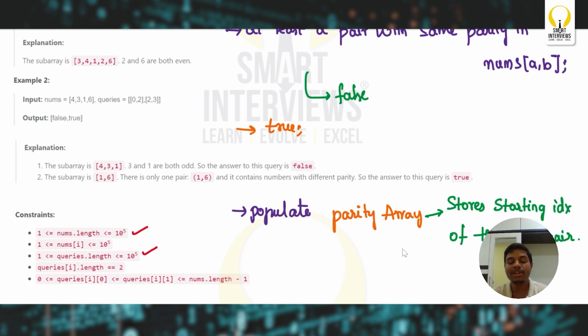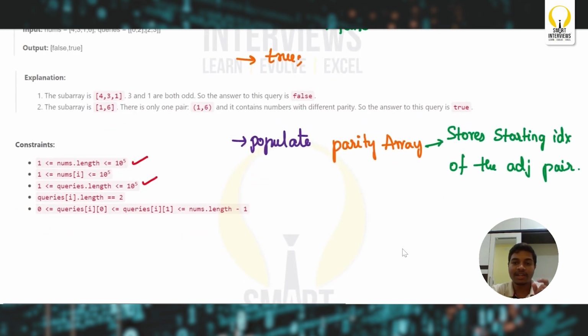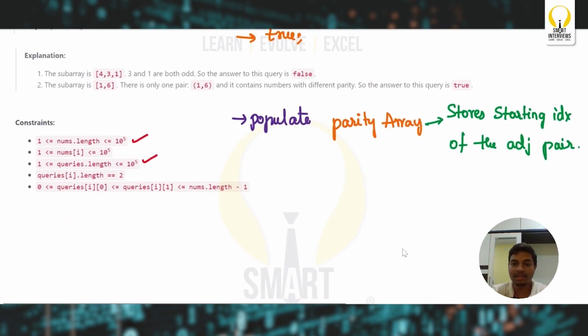Instead of storing both the elements, both the indices, we can simply store the starting index of the adjacent pair. That actually helps us without storing everything as required.